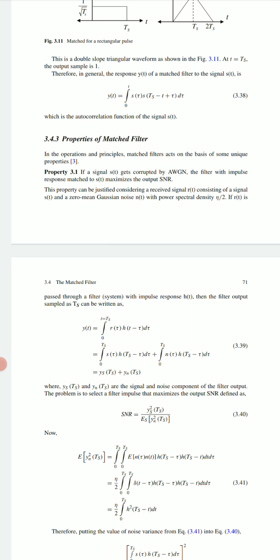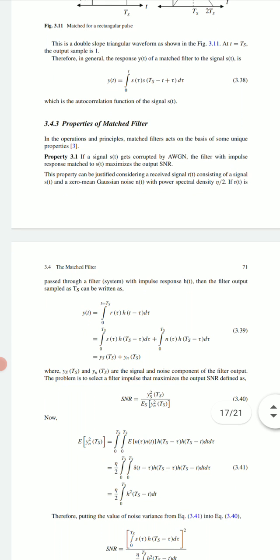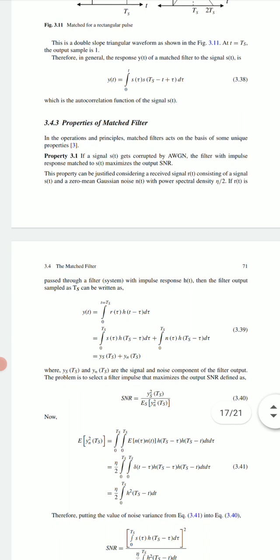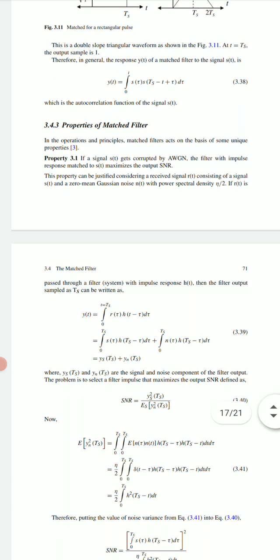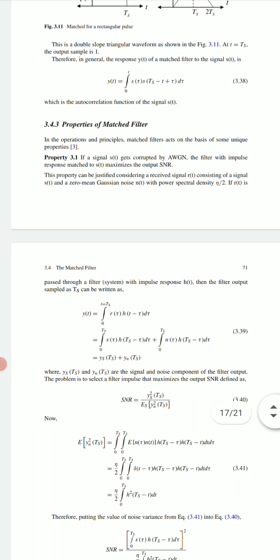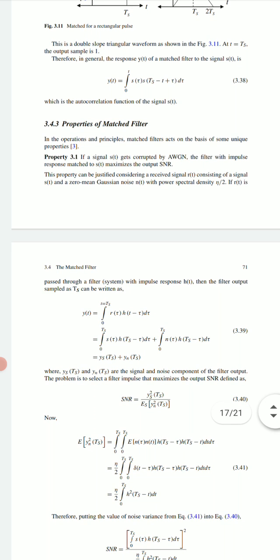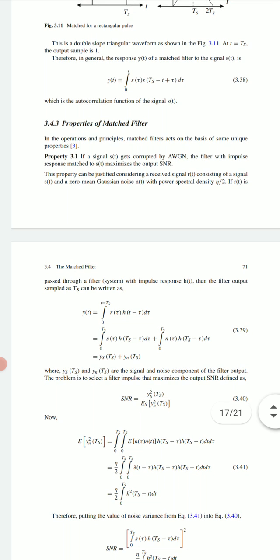This property can be justified by considering a received signal r(t) consisting of signal s(t) and zero-mean Gaussian noise n(t). So r(t) = s(t) + n(t). When a signal gets corrupted by AWGN, the filter with the impulse response matched to it maximizes the output SNR.